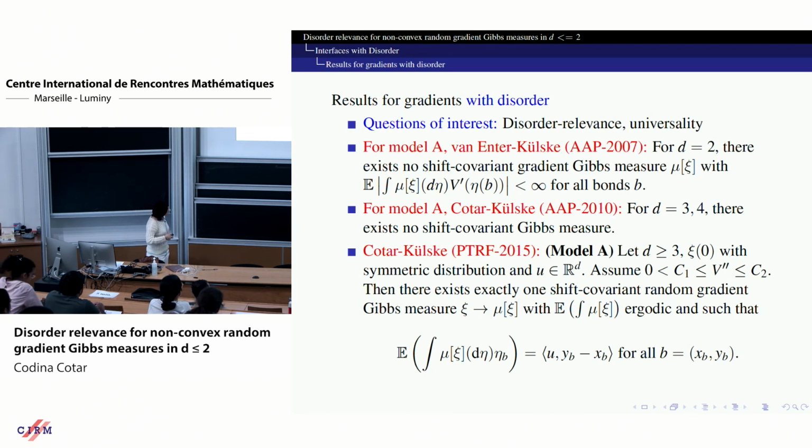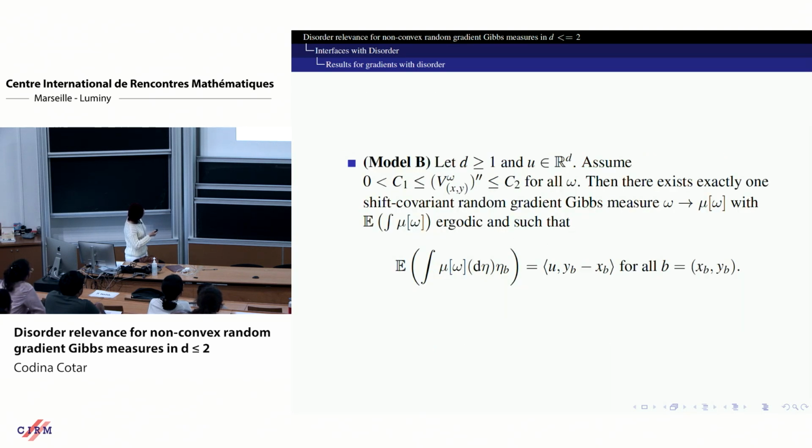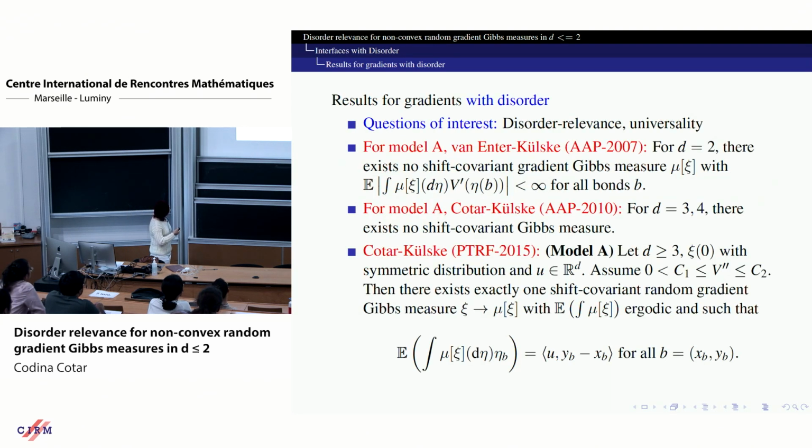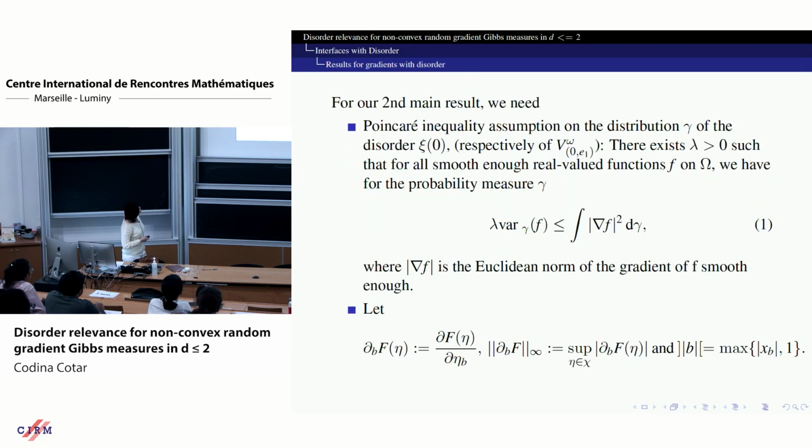Moreover, when I take the expectation over the disorder, they are ergodic, and if I take the expectation over the disorder of the tilts, I recover the same fixed tilt that I had in the Funaki-Spohn condition. For the second model, we can prove this for all dimensions, from 1 and 2 onwards.